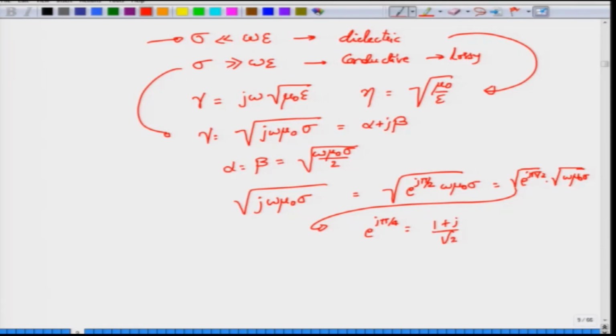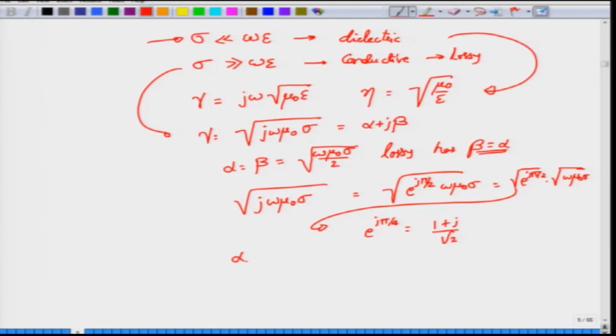So, now you can see that alpha and beta both should be equal to the square root of omega mu naught sigma by 2. So, this means that the medium is lossy, but also has a propagation constant beta whose magnitude is equal to alpha, okay. So, this is very interesting.